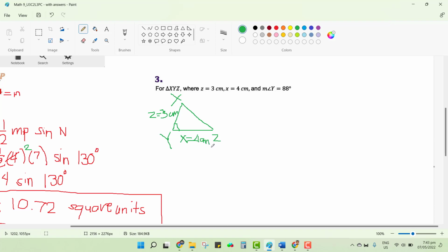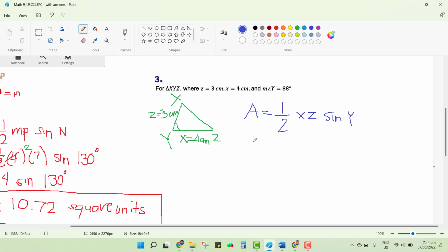Then you've noticed again, and we already know that this is under SAS situation. So let's use the same formula, but we are going to adapt the formula in such a way that we are going to use the proper notations given here. This is a product of x, z, alphabetically, sine angle y.